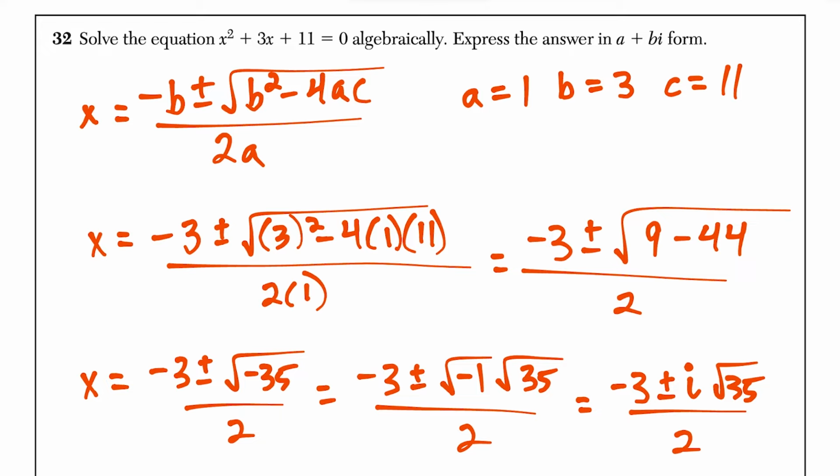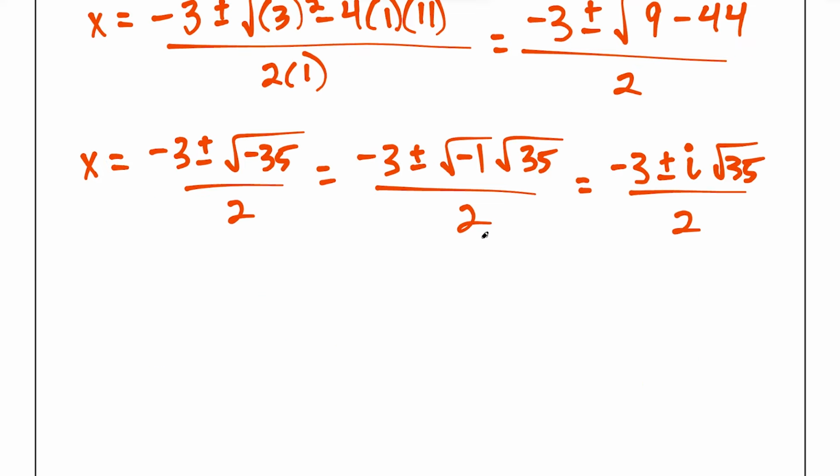But they told us to express the answer in A plus BI form. So we should actually split this up. We should say x equals negative 3 over 2 plus or minus, and then we have radical 35 times I over 2. Okay, so radical 35 times I over 2. Now, me personally, I like to write it like this separately.